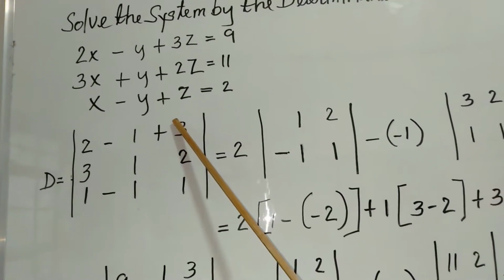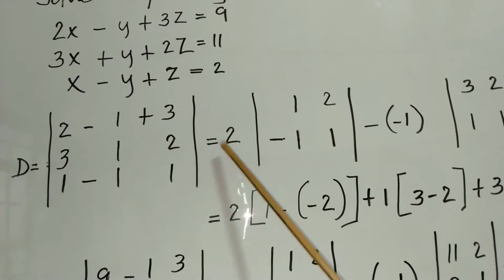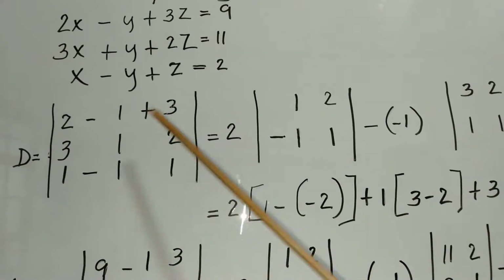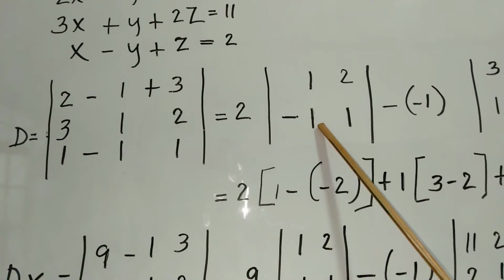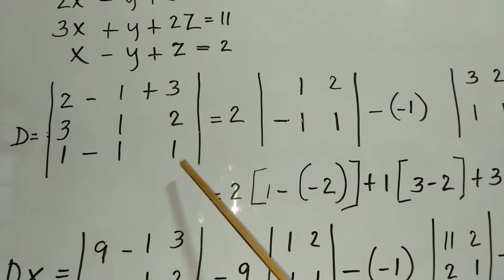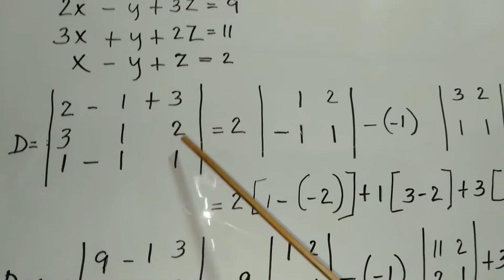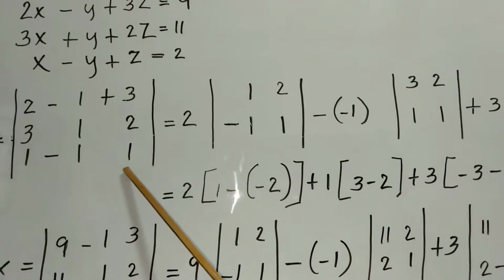Okay. So we expand these minors on the elements of the matrix, about the first row. So we have here 2 times 1 and 2, and negative 1 and 1. And negative 1 times 3 and 2, and 1 and 1.